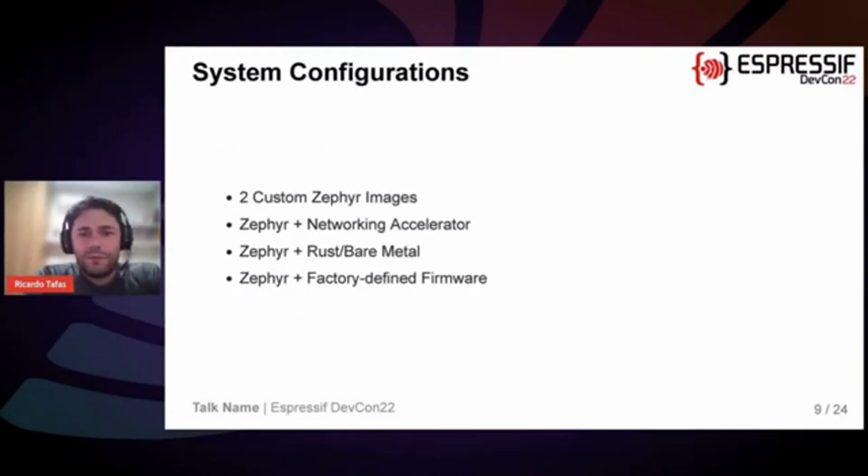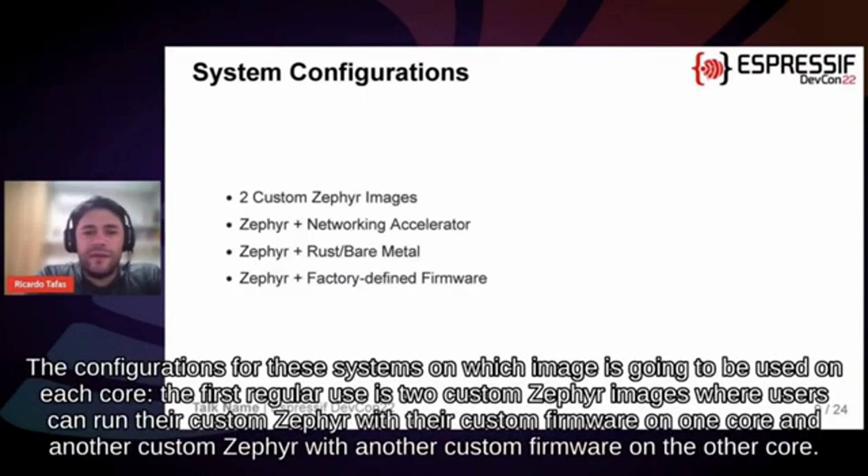So the configurations for these systems depend on which image is going to be used on each core. The first regular use is two custom Zephyr images, where users can run their custom Zephyr with their custom firmware on one core, and another custom Zephyr with another custom firmware on the other core.